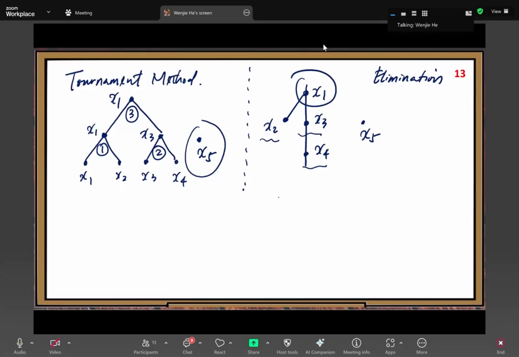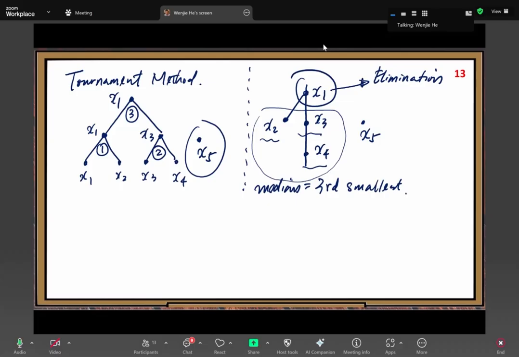The median equals third smallest, but here X1 is greater than at least 3 elements. Then it cannot be the median, right? I need to complete it in 2 minutes. So X1 can be eliminated. X1 is gone, because it cannot be the median.